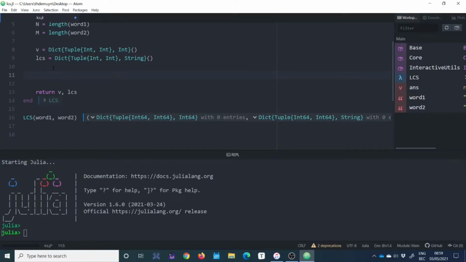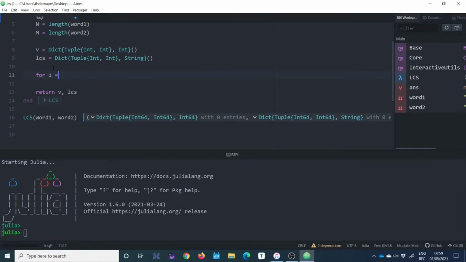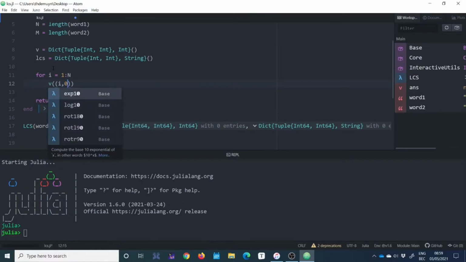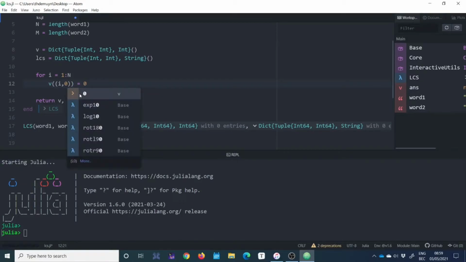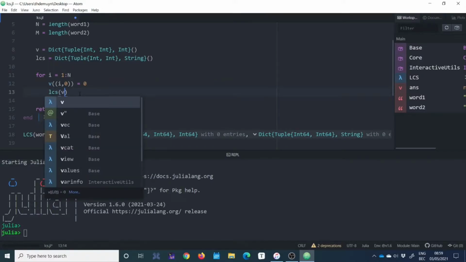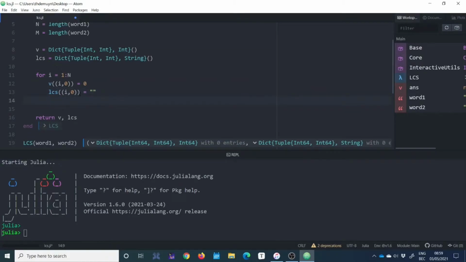So let's first look at the base cases. For i in 1 to n, v of i0, if the second word has length 0, then we put it equal to 0, and LCS of i0 is just going to be the empty string, which we can denote by this.